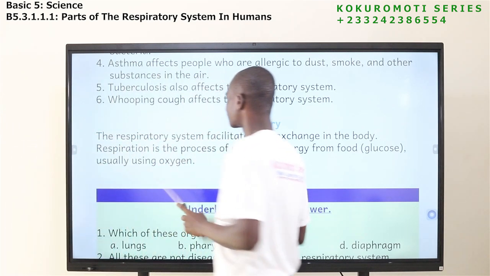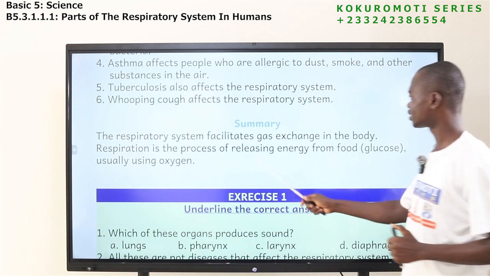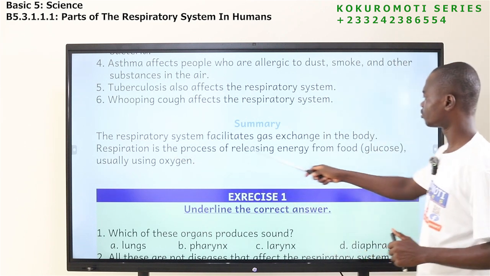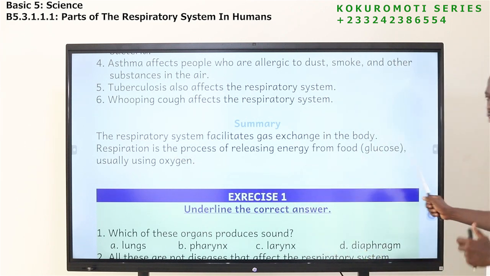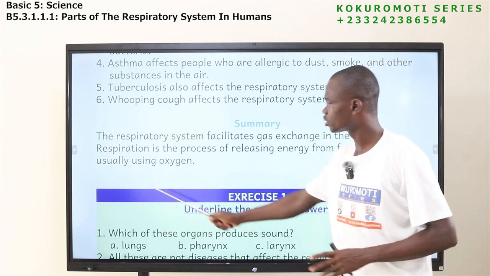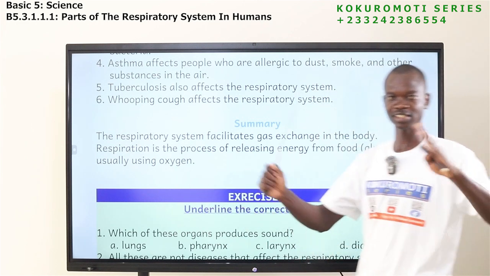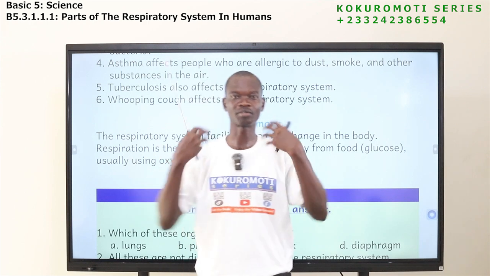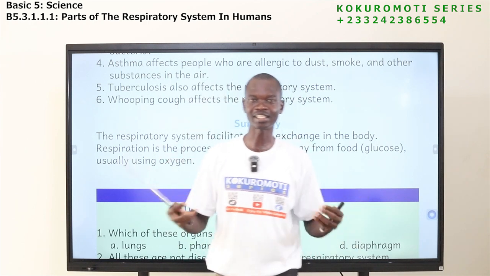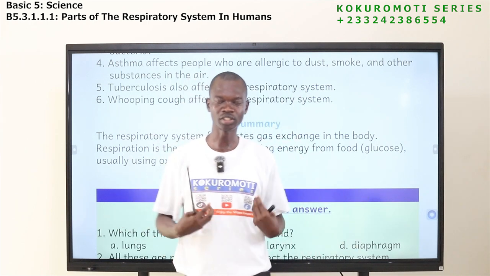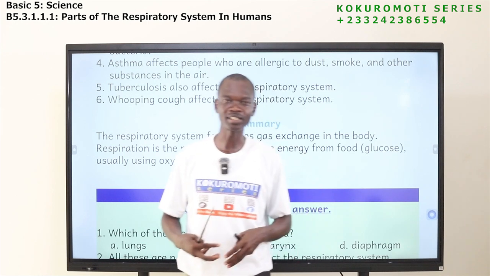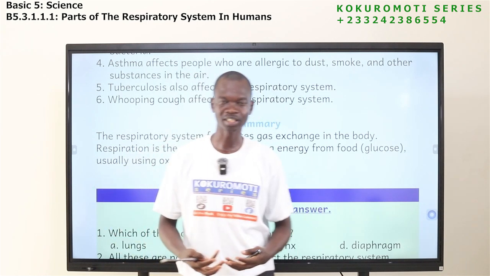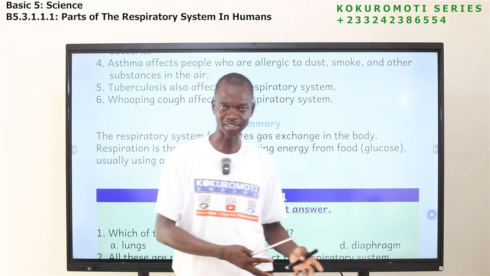We have learned that the respiratory system facilitates gas exchange in the body. Respiration is a process of releasing energy from food, that is glucose, usually using oxygen. So today's lesson, we have learned about how air goes into the body, how air comes out, the organs that ensure that the air that goes into the body is used by the body, and the air that is not needed again comes out as waste products.